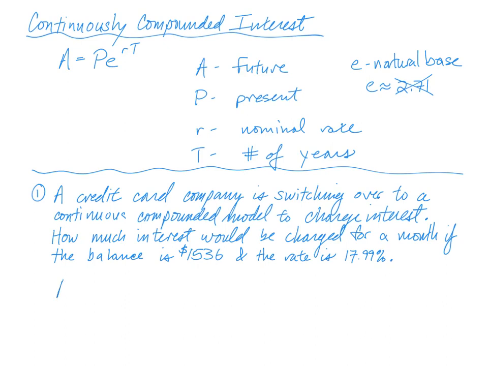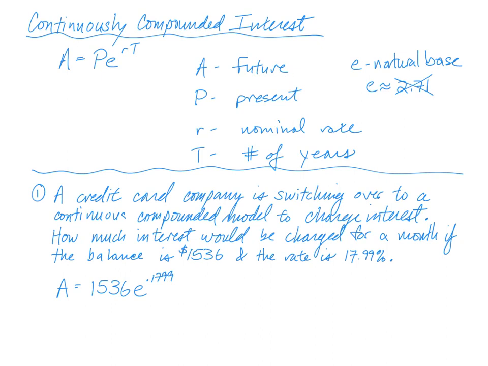Let's say here A equals, the present value is $1,536. We know it's continuously compounded. We know the interest rate is 0.1799 as a decimal. Again, here's a percentage rate. We have to move the decimal point 2 to the left to find the decimal interest rate.